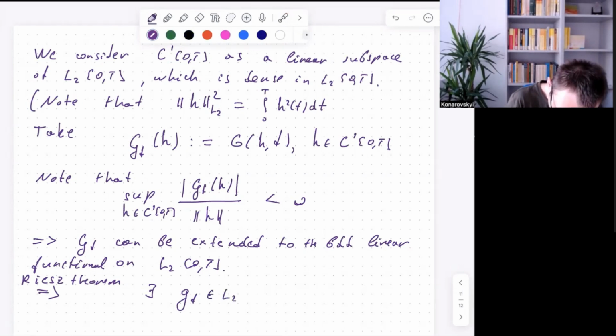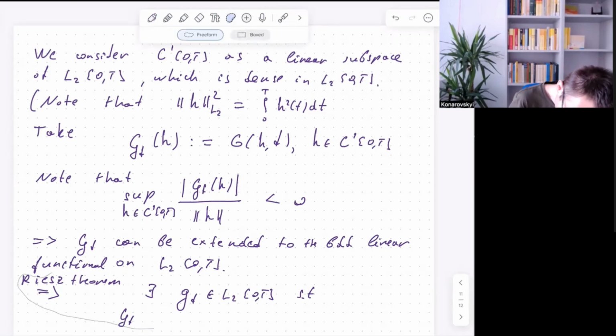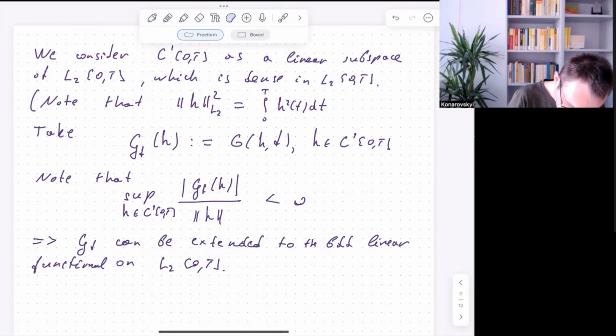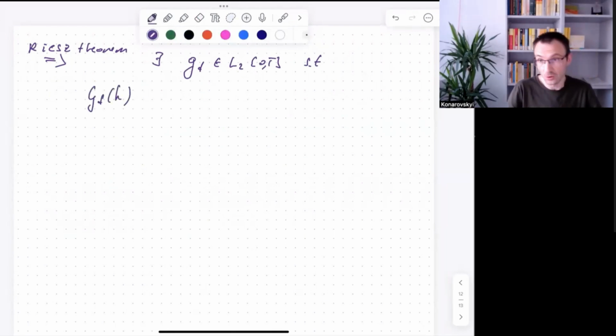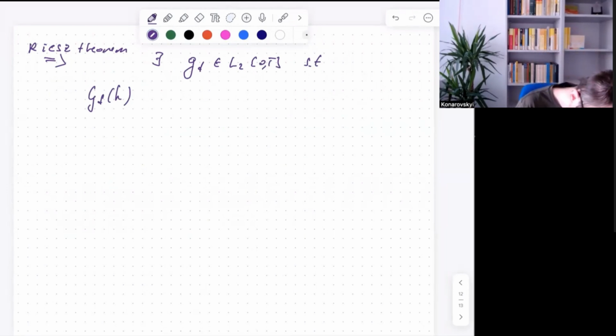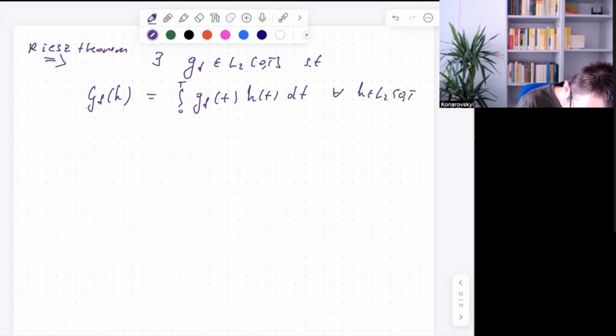This function is from L2(0,t) such that g_f of h, this extension also I will denote by g_f, is the integral from 0 to t of g_f(t) multiplied by h(t) dt for every h from L2(0,t).